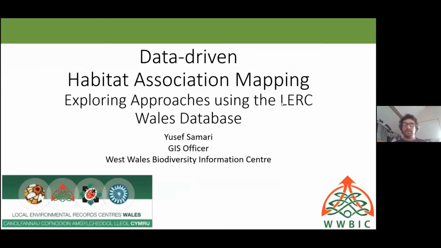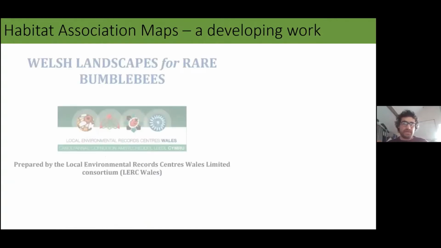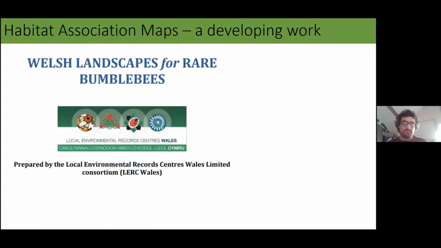Great. Okay. So there's a fair bit to cover in this presentation and a little bit of time, so I'm just going to dive into it. This is a work in progress, what I'm presenting here, and it's developed through a lot of project work that we have undertaken as LERC Wales over the past year. This really started out with the Welsh Landscapes for Rare Bumblebees project that Colin has already talked about.